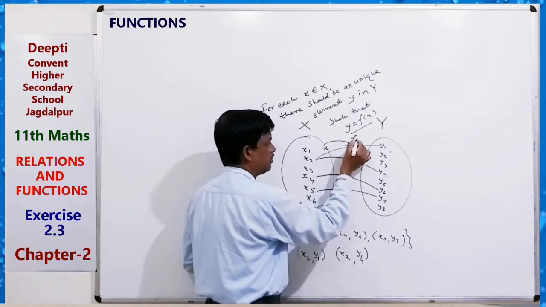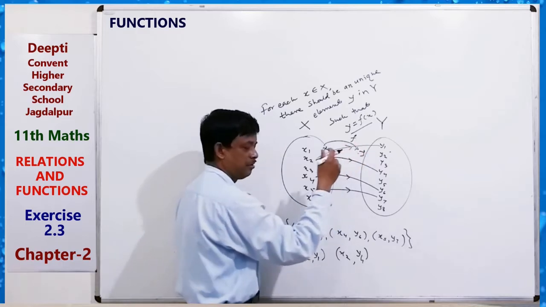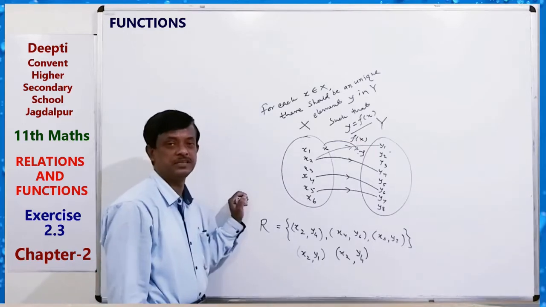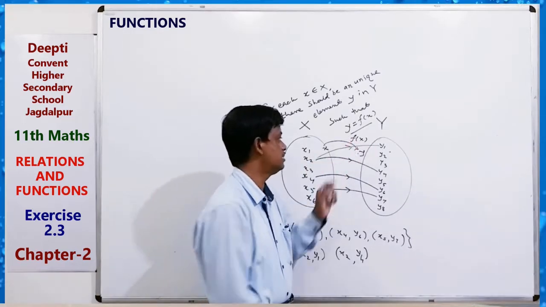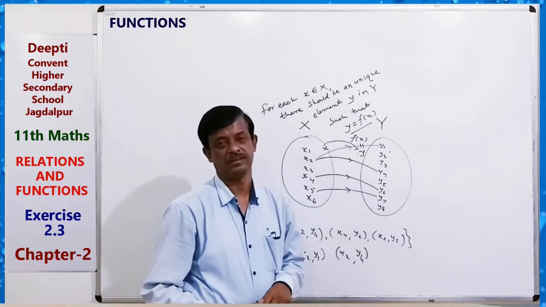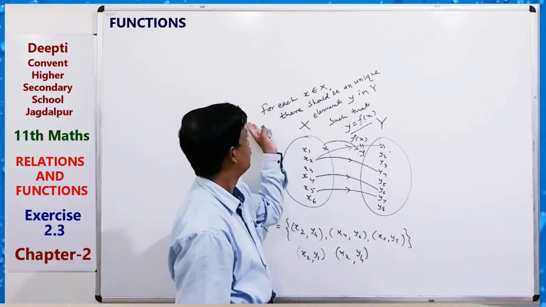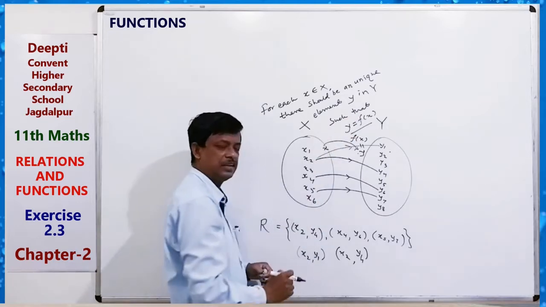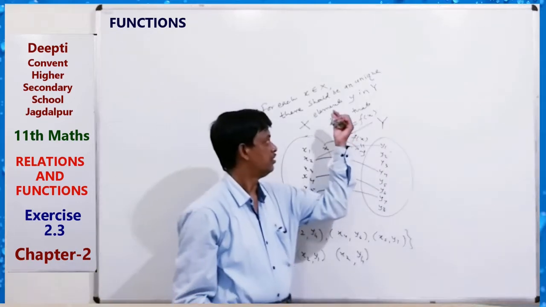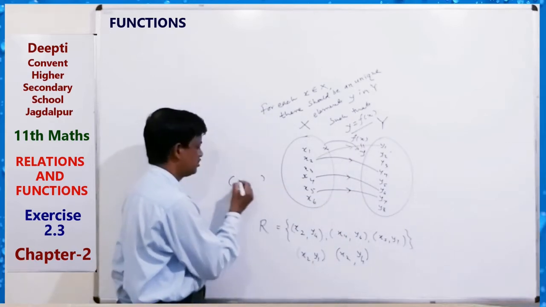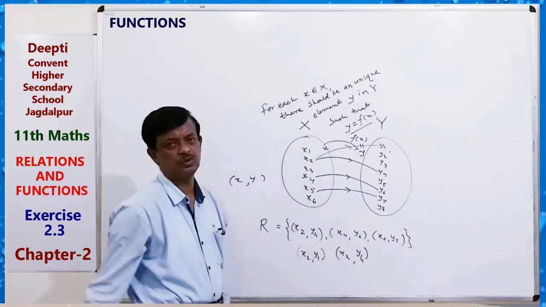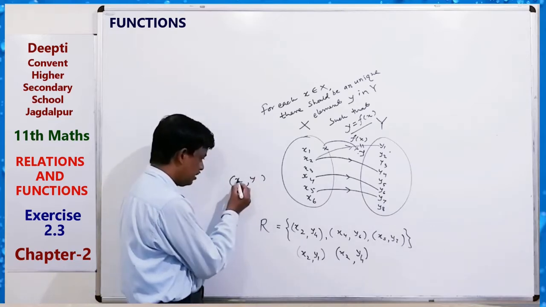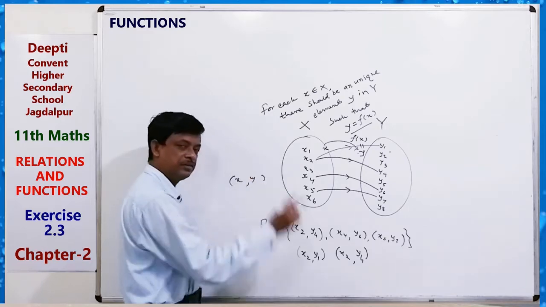So we write f(x) for the image. The image of x is f(x), which equals y in Y. So we can write for a relation, suppose f is a relation, then x is related to y as an ordered pair.